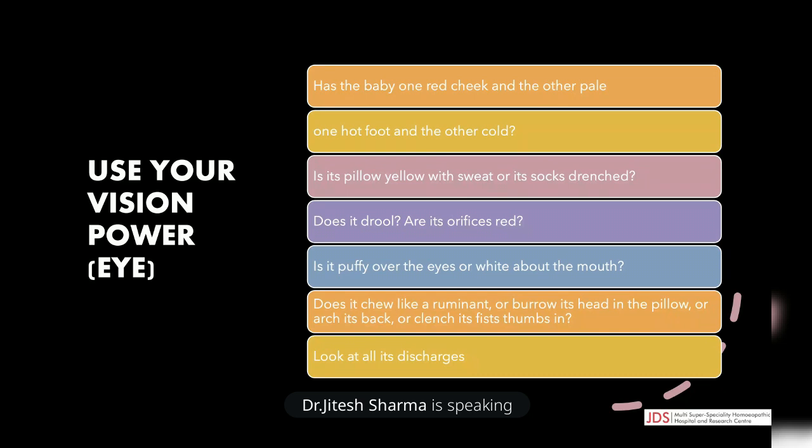Are the lips red or the anus red? Examine them. Is there puffiness over the eyes or in the mouth? Are there white deposits in the mouth? Does it chew like a ruminant or burrow its head in the pillow? Does the child clench the fist with the thumbs in? All the discharges you need to look at with your eye.